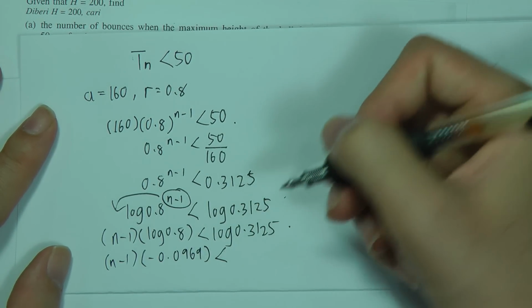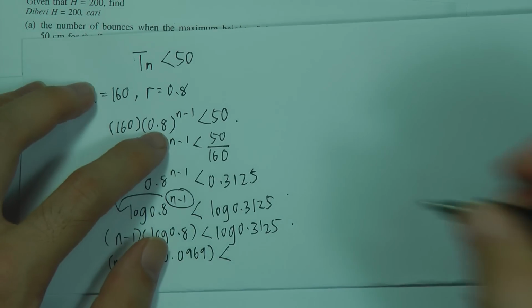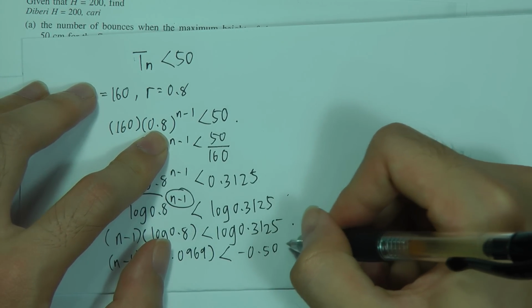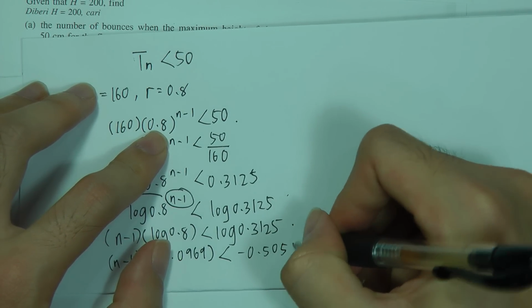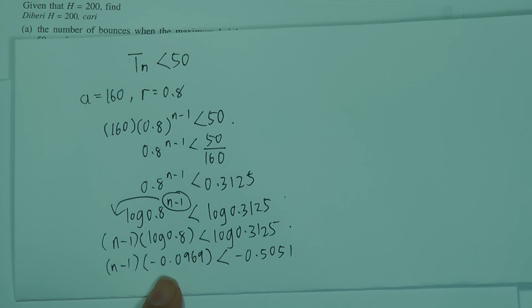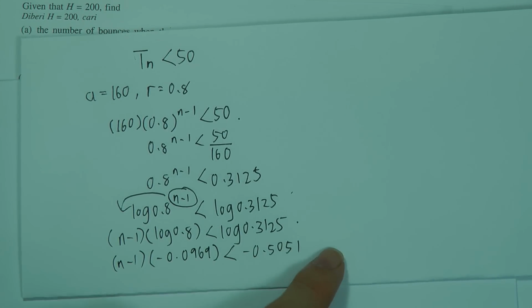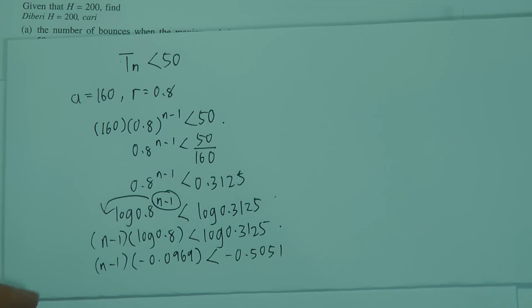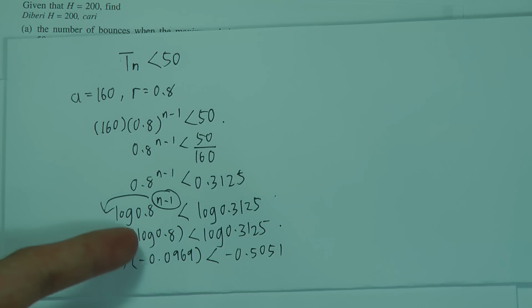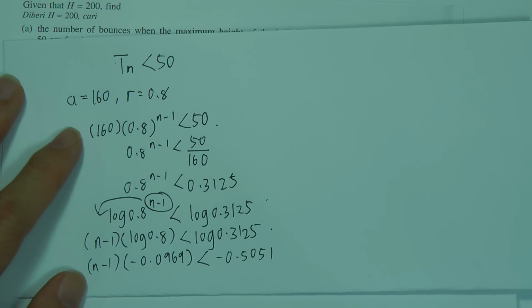Smaller than, okay, log 0.3125, I press this one also, I will get negative 0.5051. Because if you multiply or divide by a negative value, it means you move this value to this side, which is called dividing by some negative value, or you can say multiply by 1 over this negative value. Whenever you multiply or divide by a negative value, you have to change this symbol.